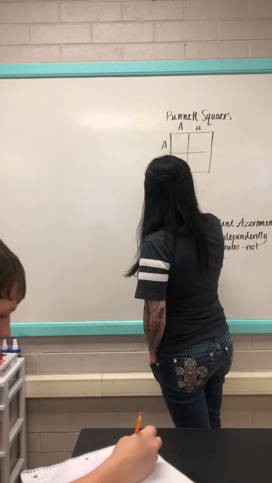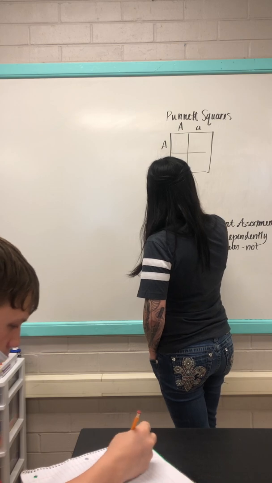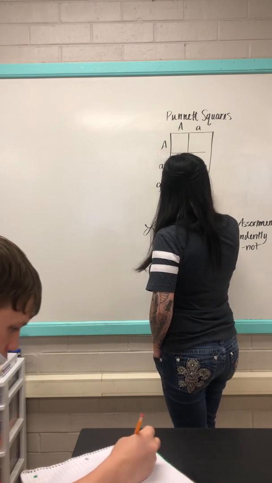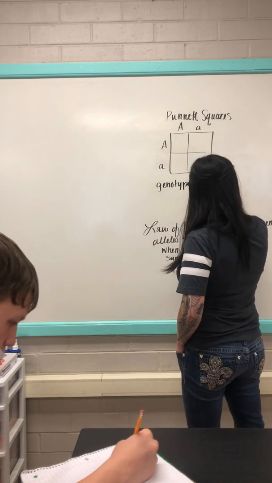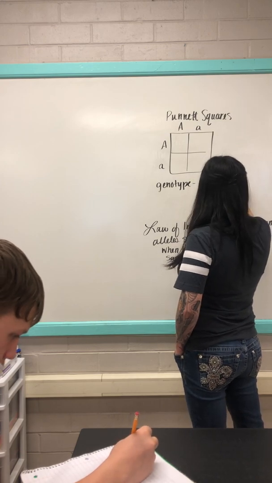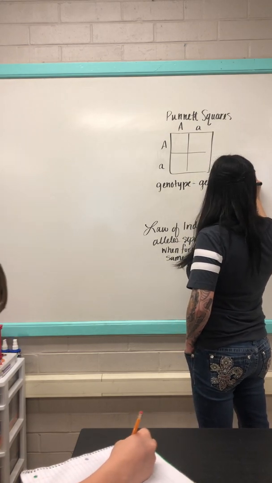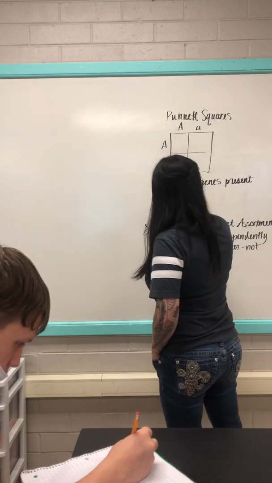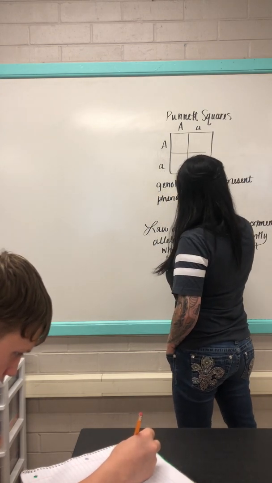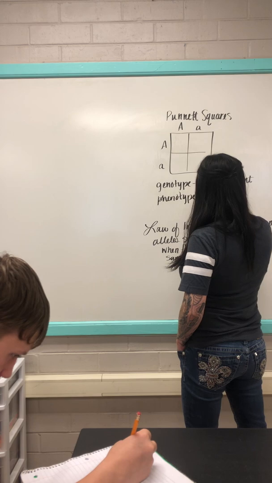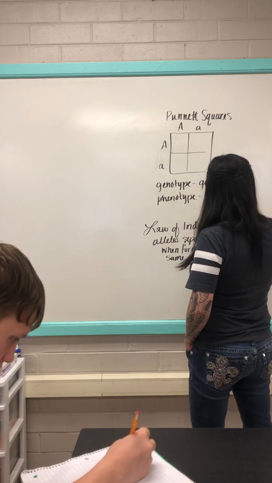So you can see the genotype. Genotype is just the genes that are present. And then you've got phenotype. What is that? Yes, that's what shows, what you see.